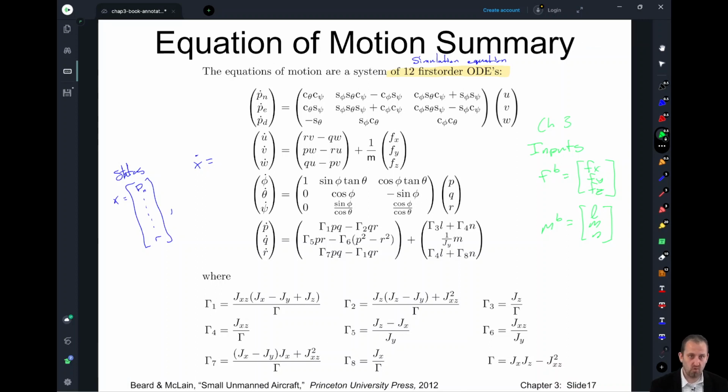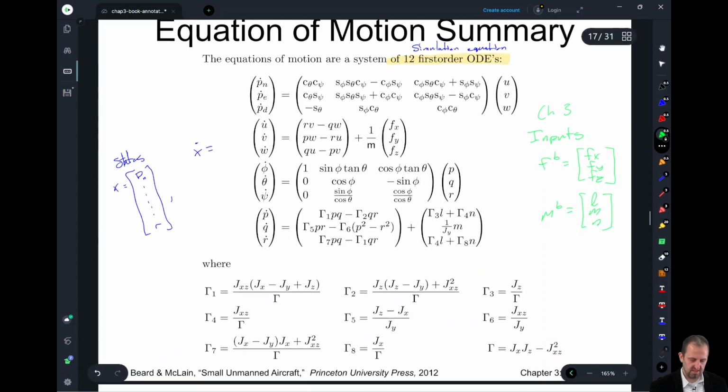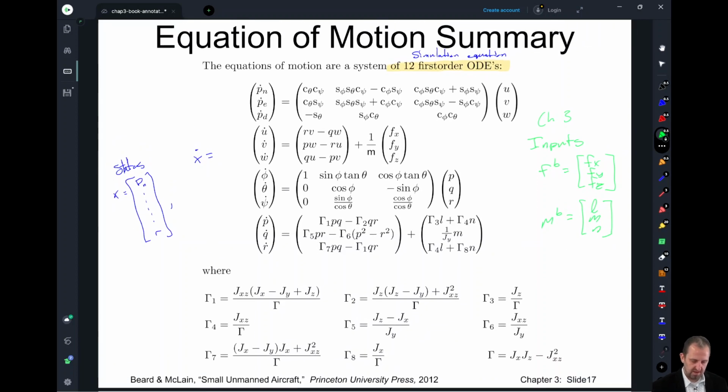So given our forces and our moments, we can describe exactly how our system is going to be moving and rotating, which is really fantastic. These constants are now defined, and we see how our J matrix comes into play. Excellent. Now you have all 12 degrees of freedom, and you can simulate your system.